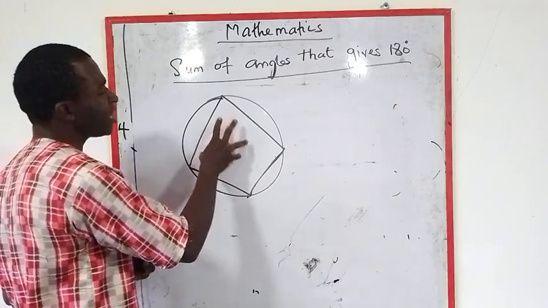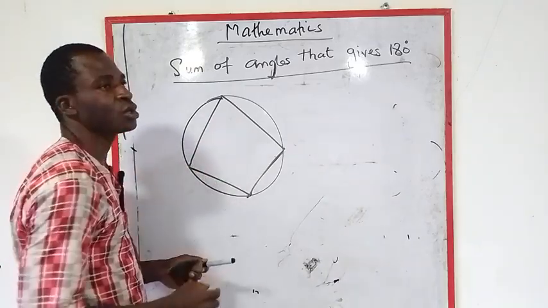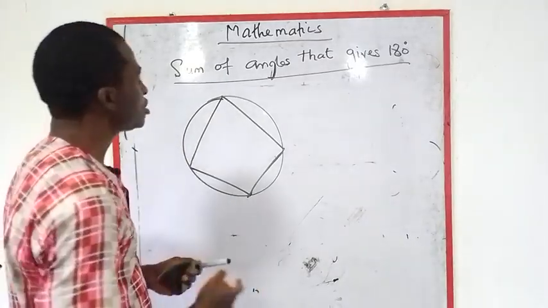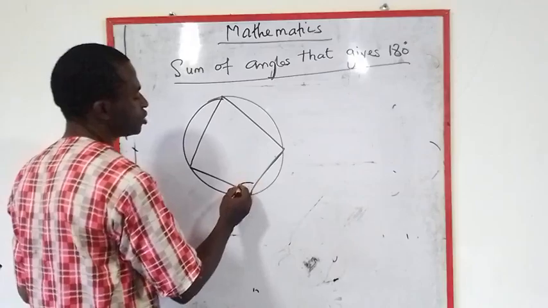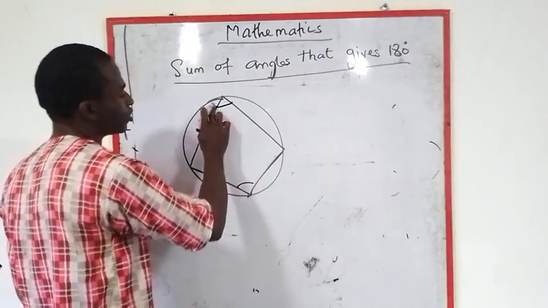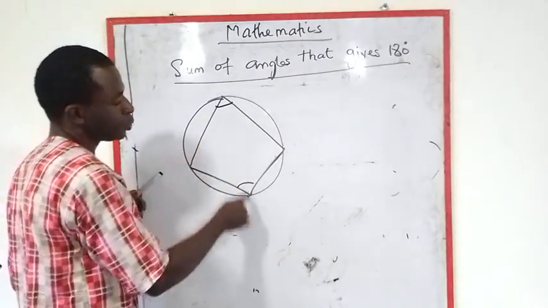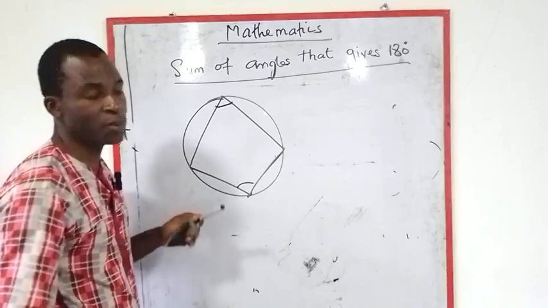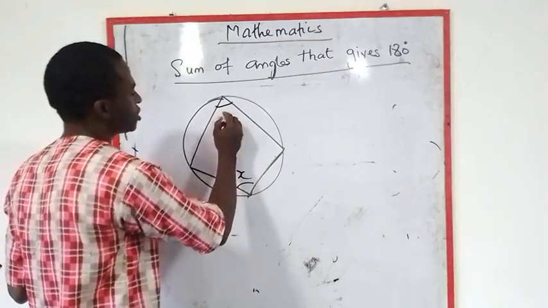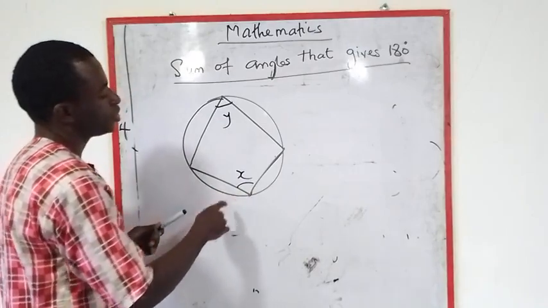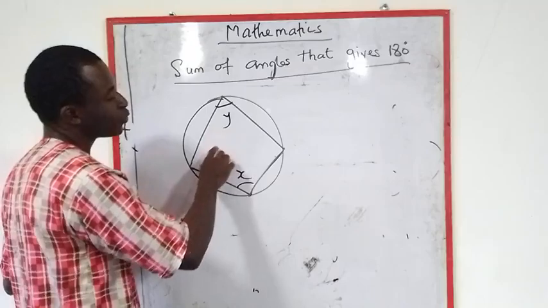Now, if we find them in a circle, we call that theorem the cyclic quadrilateral theorem. What the theorem is telling us is that the opposite angles are supplementary. Here is x, here is y. Remember, it is not a quadrilateral that stops halfway.